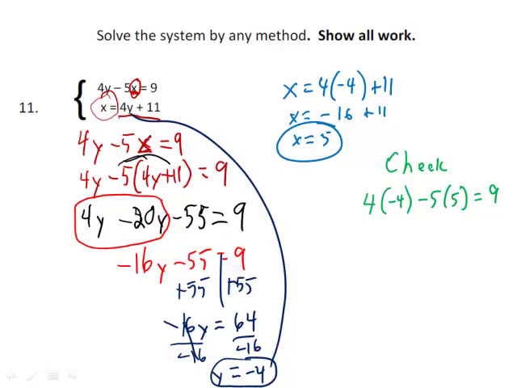So we've got negative 4 times negative 4, and that's negative 16. Minus 5 times 5, which is 25.